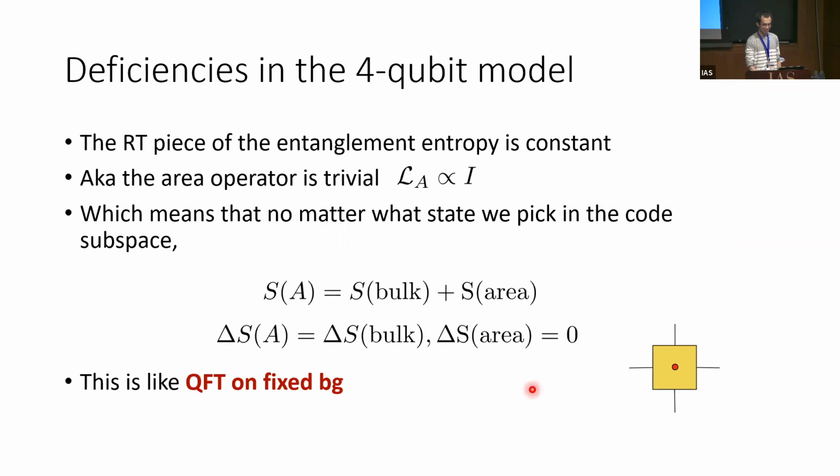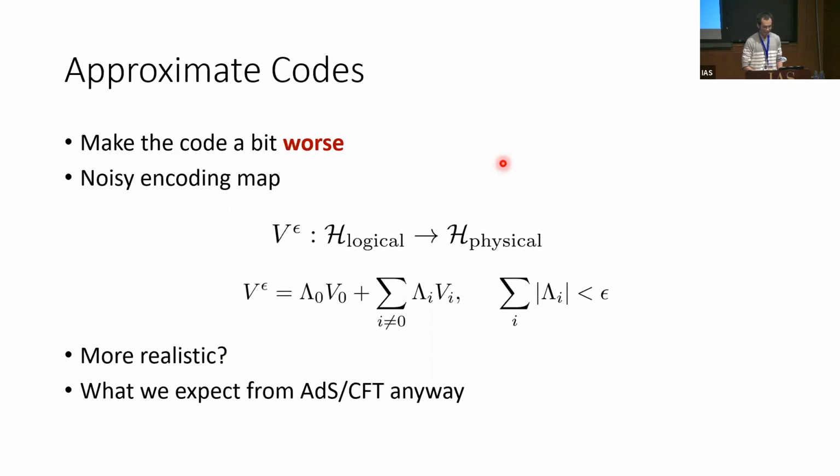So how do we put the gravity, or how do we put this non-trivial area operator back? One of the answers is to make the code worse. There's actually a number of reasons why we expect this to work from an error correction code point of view, but I don't have the time to go into this. Rather, let's just make the code worse and see what will happen.